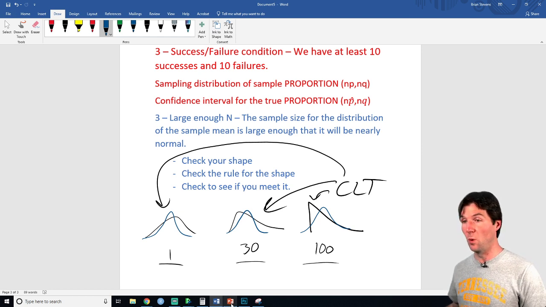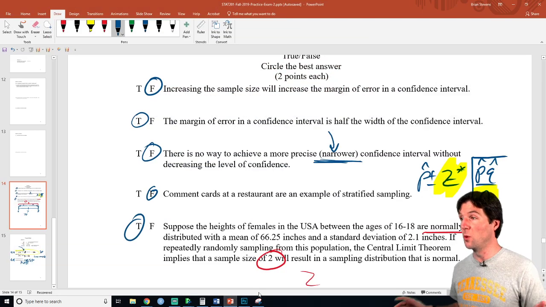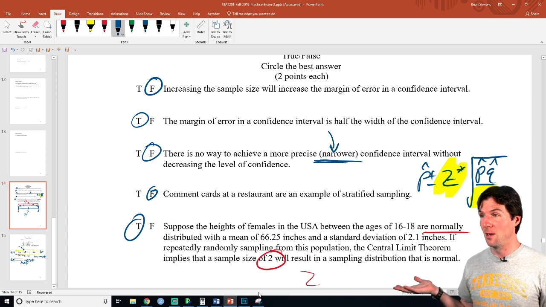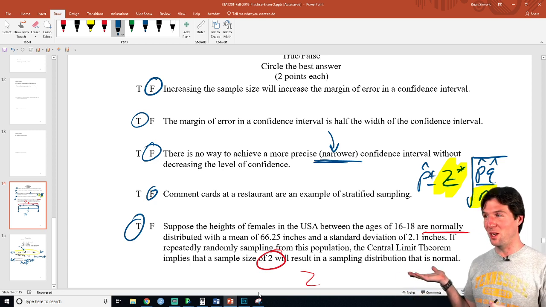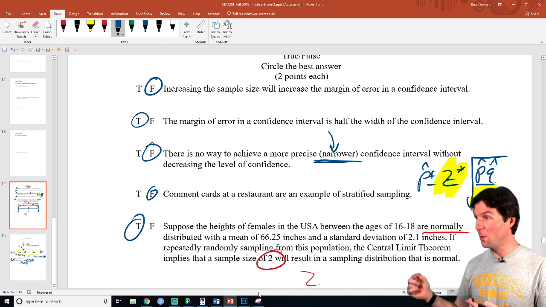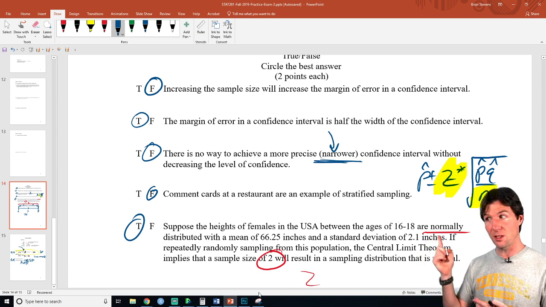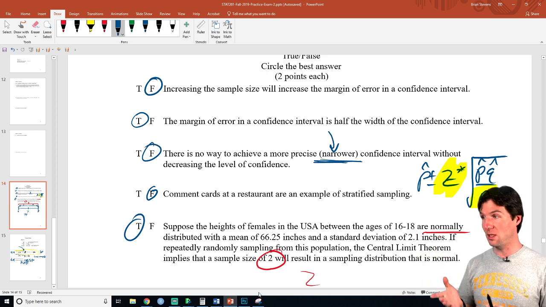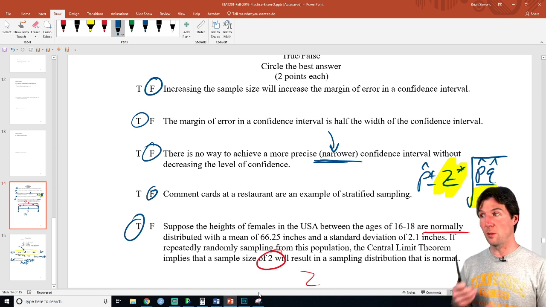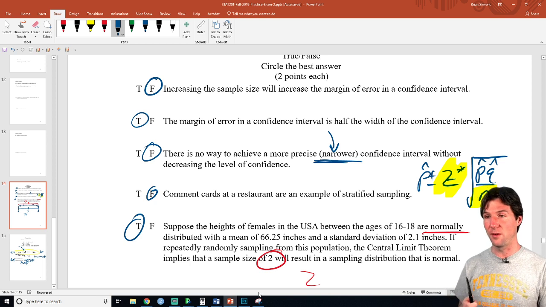If you notice, the more skewed it is, the larger n needs to be. So it's kind of a moot point, because if it's normal, we're good. So is 2 large enough when it's normal? And that's the key, it's when it's normal. You have to look at the shape. Remember, look at the shape, look at the rule, and then do we pass it? And the answer is 2 is large enough because it's normal. If you had to write it out, you'd say, since it's normally distributed, 2 is large enough.